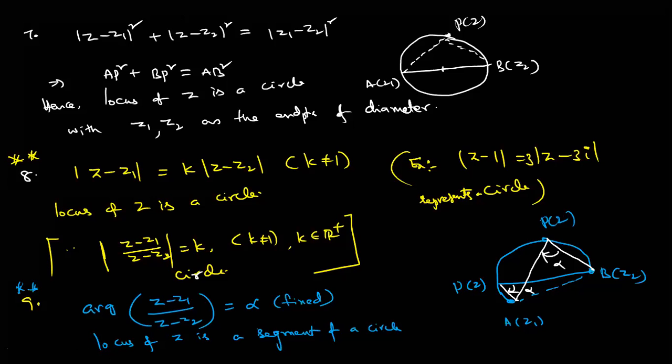Represent now. That's one. Argument of (z minus z1) by (z minus z2) is pi by 2, plus or minus whatever maybe. Dear students, see what the result is coming.